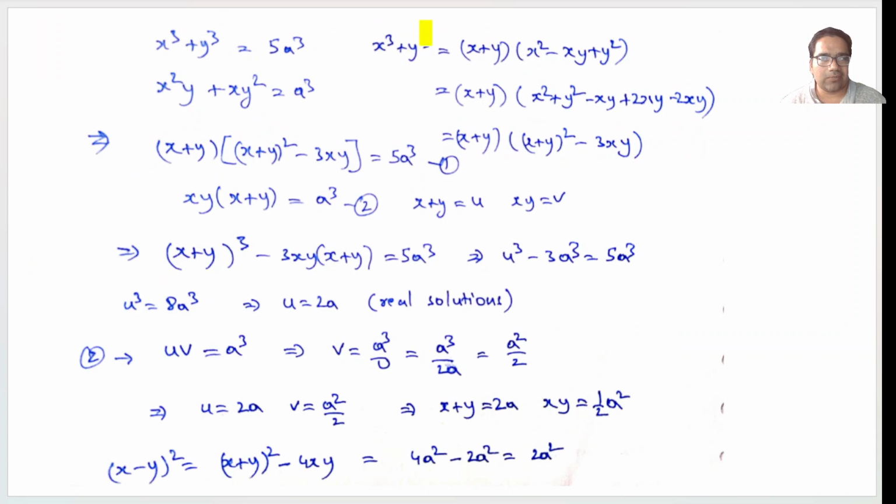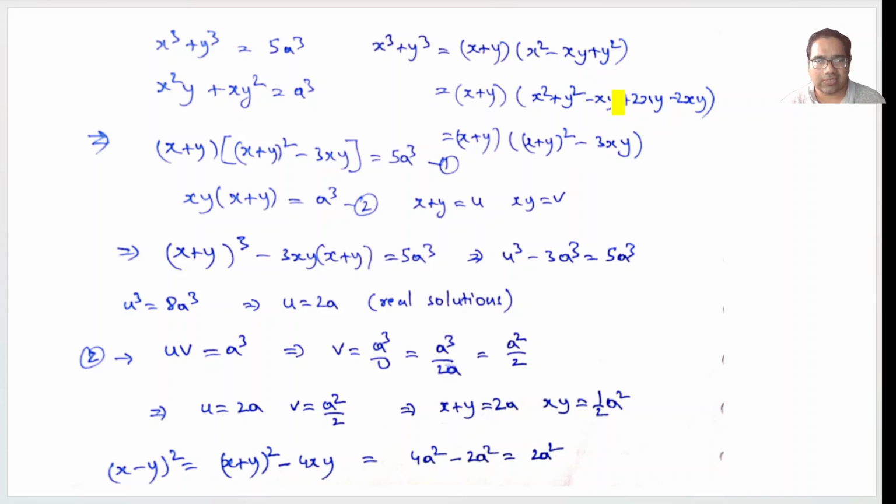We know x cubed plus y cubed equals x plus y times x squared minus xy plus y squared. In the second term we can also add plus 2xy and subtract 2xy without losing anything. Why are we doing this? We want x plus y whole squared here. So this becomes x plus y times x plus y whole squared minus 3xy.